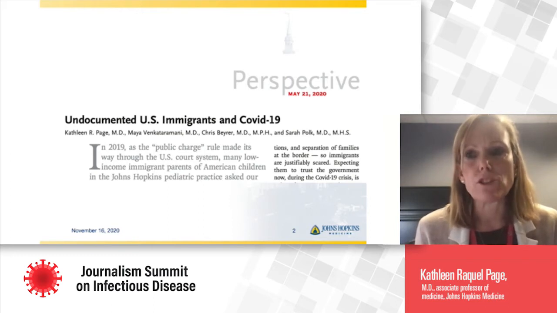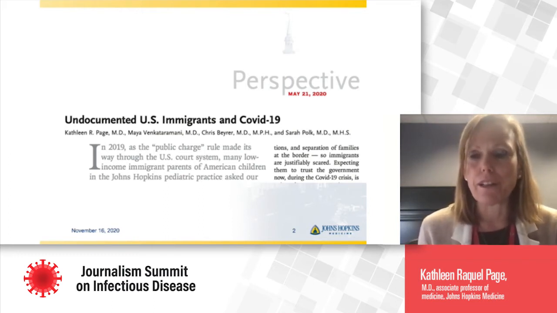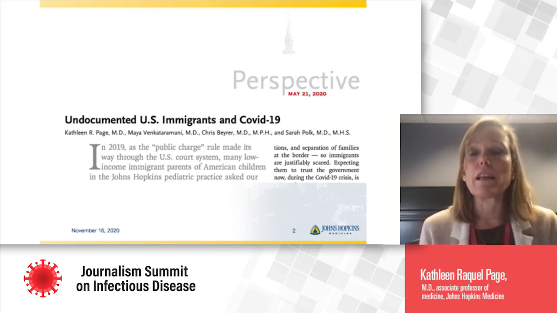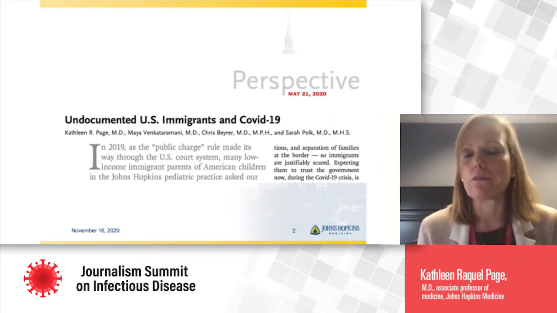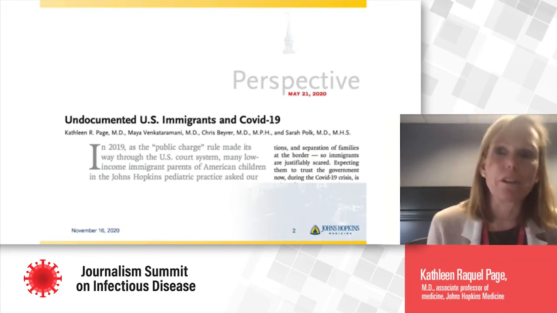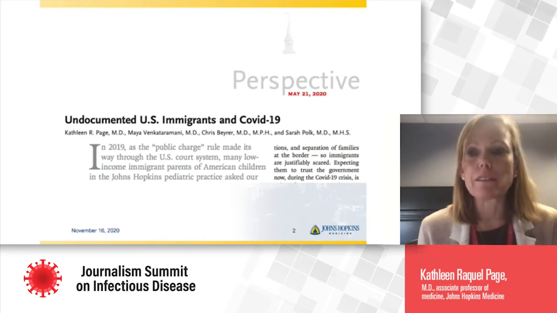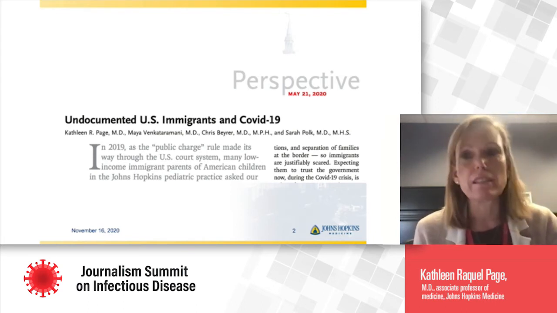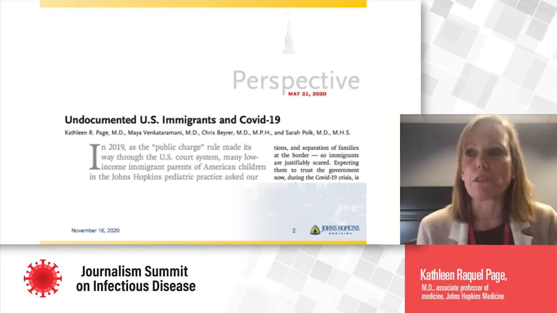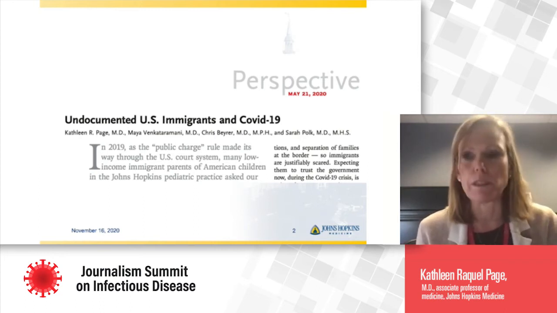And while the public charge rule did not apply to COVID, the impact of that rule had already been felt in this community even the year prior, as people disenrolled from food stamps or even healthcare coverage for their U.S.-born kids because of worries that the parents who didn't have documentation could then face negative repercussions.